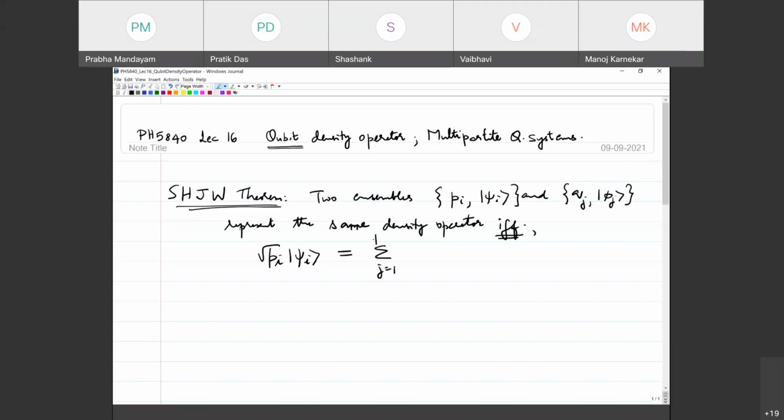So I said that this set has some m elements, this set has some n elements, right? And we said that P has to be whichever is the larger of the two, with zero vectors appended to the shorter set.